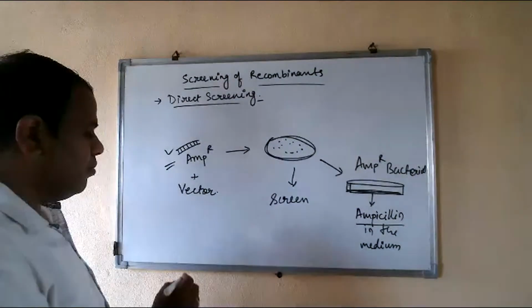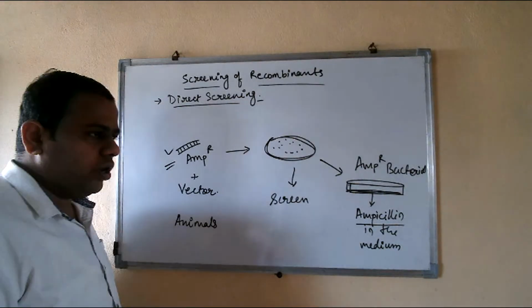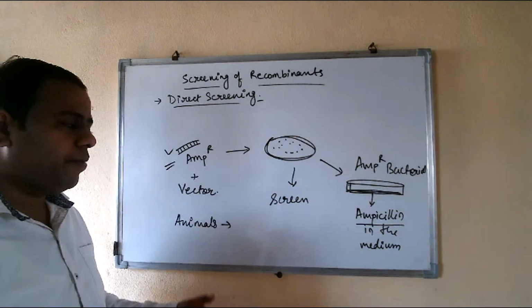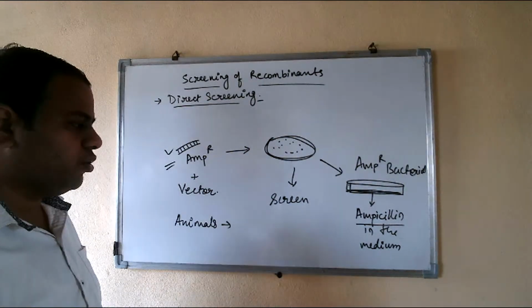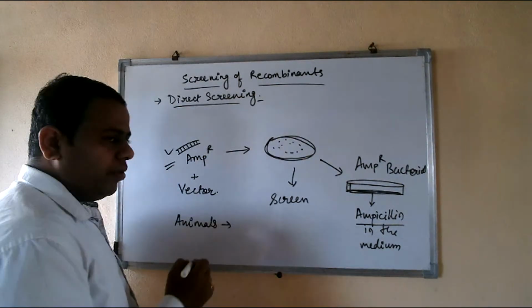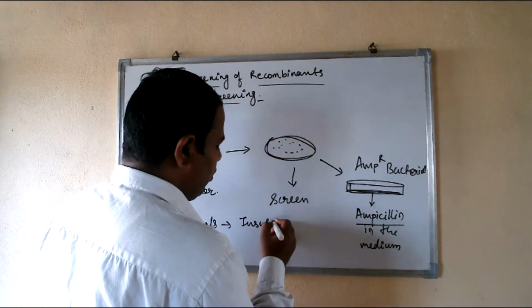There are a number of ways you can directly select, in case of bacteria, in case of plants also, in case of animals also this direct selection is done. In animals a particular character is checked for the particular gene which we have inserted into that organism. For example, an organism or an animal is deficient in production of insulin.